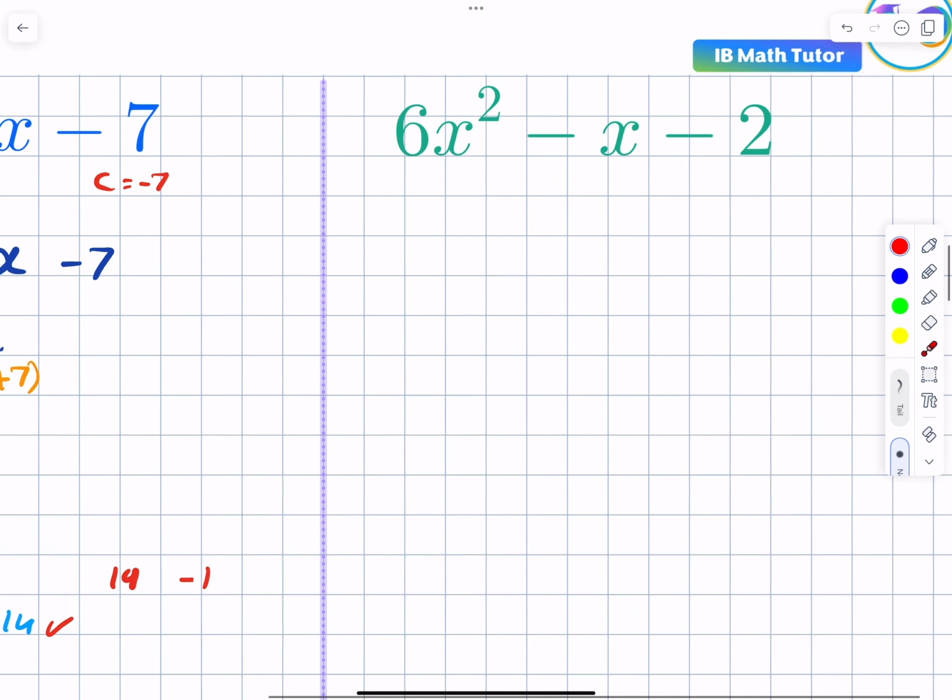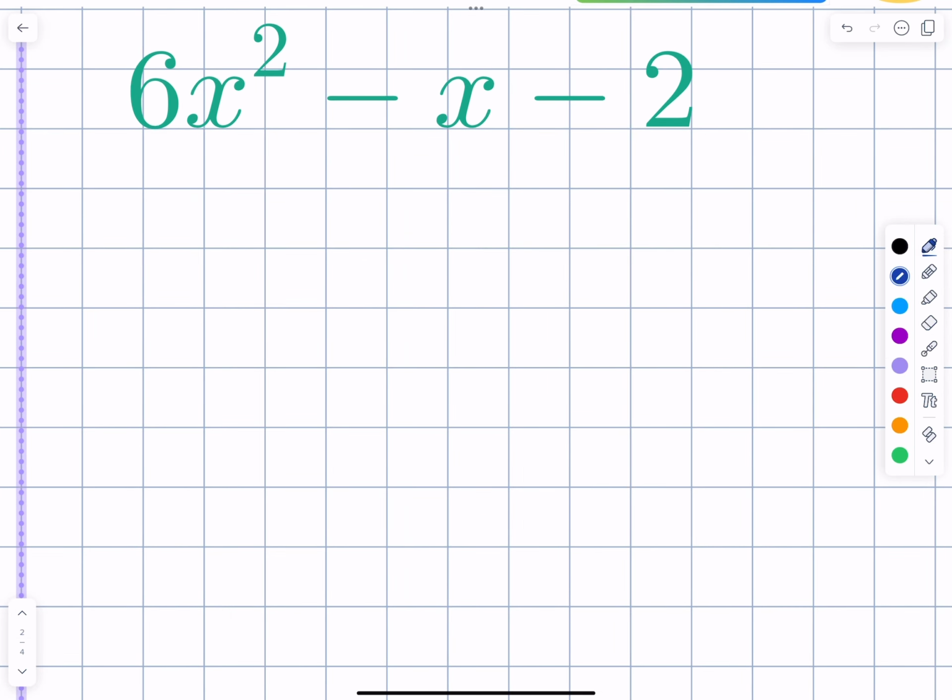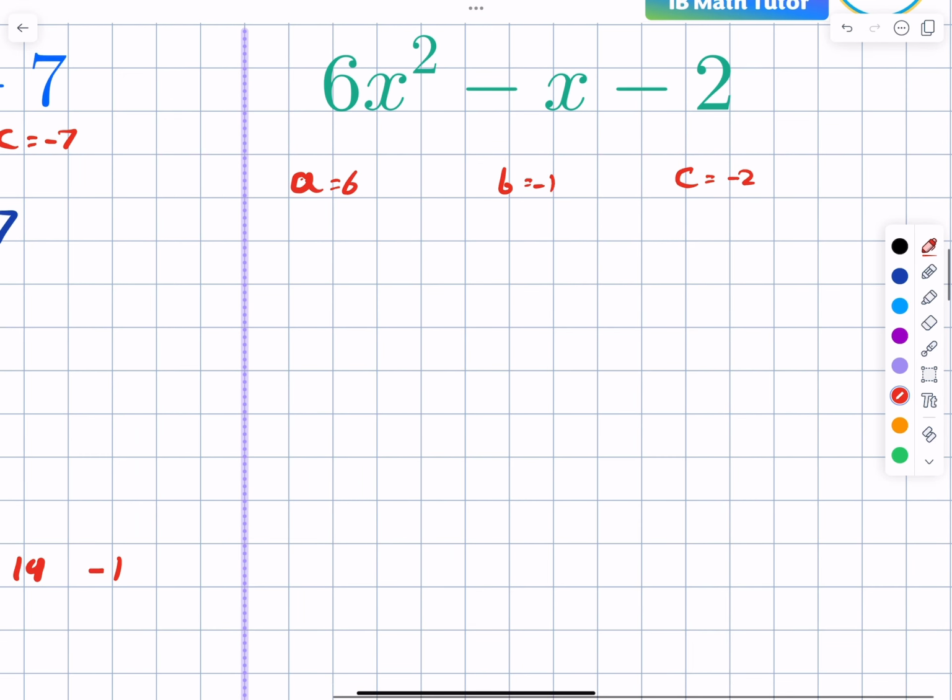Now, another example here. a is equal to 6. b is negative 1. So here we have negative 1. And c is negative 2. So now we find two numbers that add up to b, which is negative 1. And the product will be a times c.